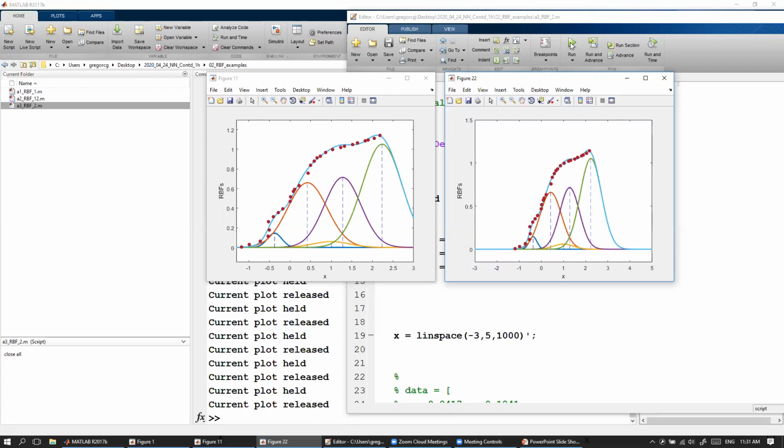This is the first observation. Second observation: the more neurons we have, the more accurately the resulting blue line approximates the data. That means it actually gets more flexible.